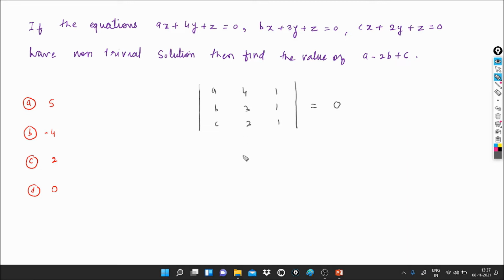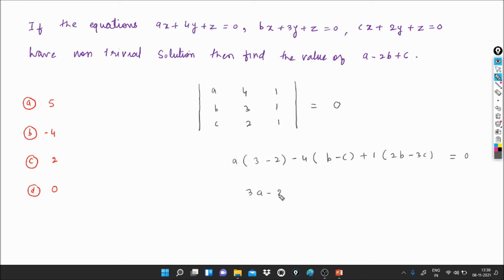So let us solve this determinant expanding along the first row. a into 3 minus 2, minus 4 into b into 1, b minus c, plus 1 into, deleting this and this, 2b minus 3c, is equal to 0.